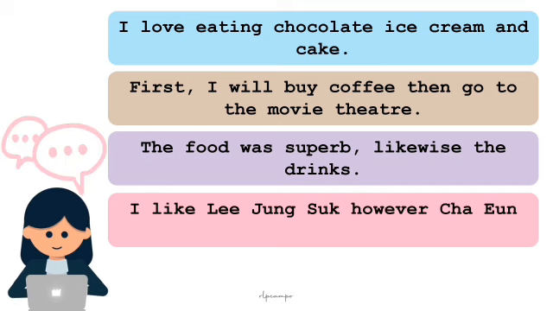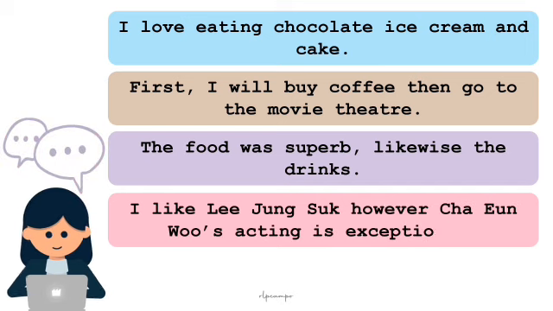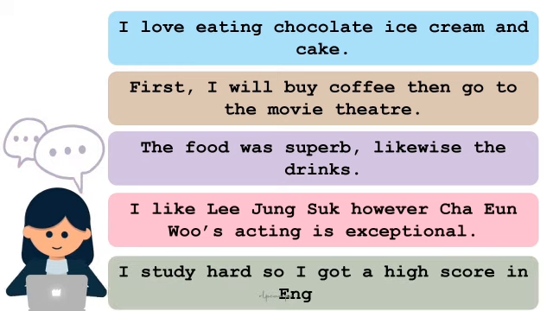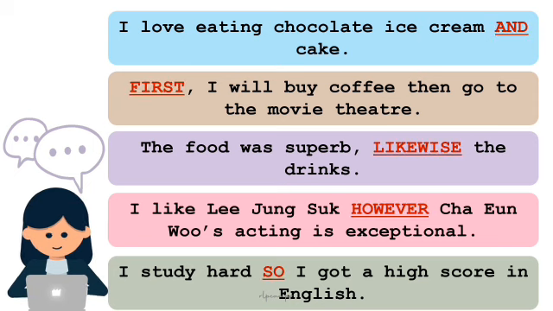I like Lee Jung-suk, however, Cha Eun-woo's acting is exceptional. I study hard, so I got a high score in English. The emphasized words in red are examples of cohesive devices. Let us identify their categories.